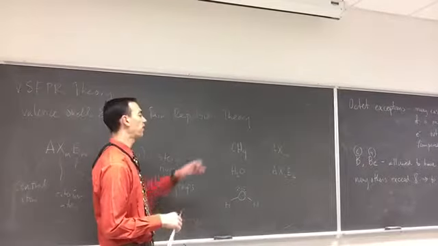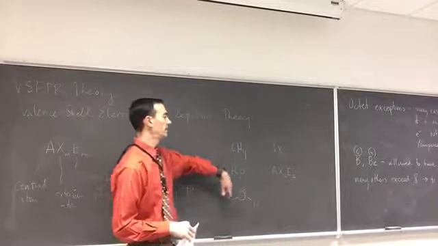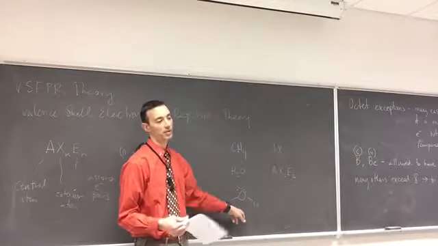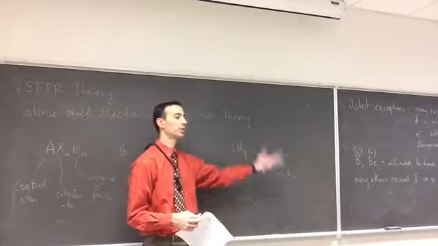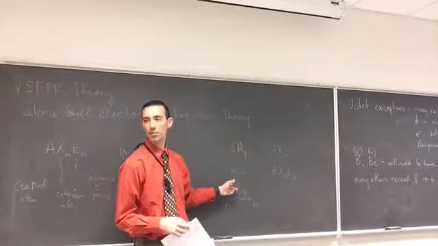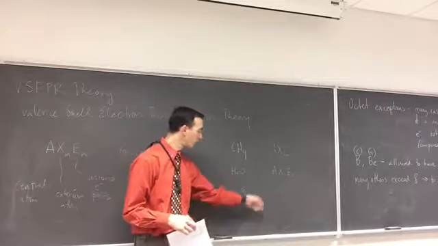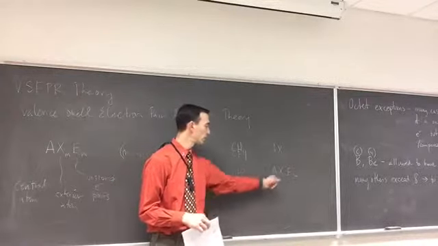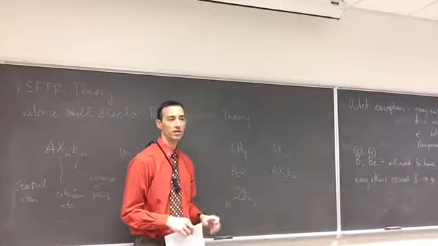So it's not the formula per se that tells you which category you fit into. It's the Lewis dot structure. So I don't want you to jump to a conclusion too quickly based simply on the formula here. You must first write out your Lewis dot structure and then merge it into this case over here.